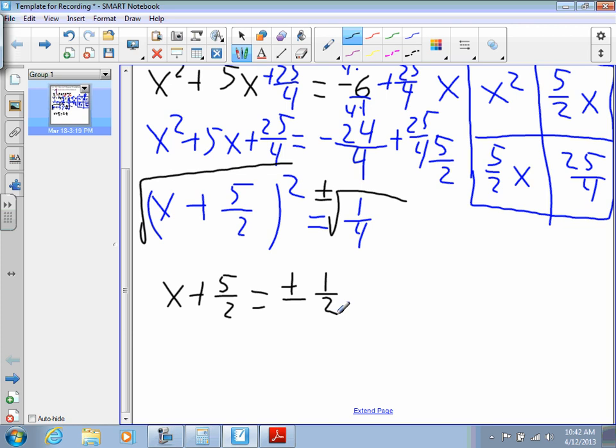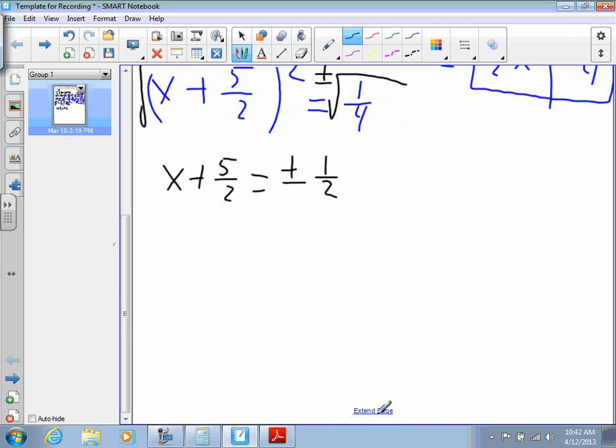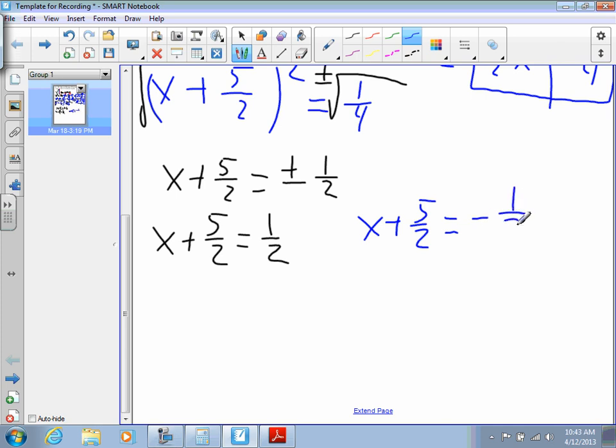Okay, now we get to break it apart into two separate equations. One of them is x plus 5 over 2 equals 1/2, and the other one, x plus 5 over 2 equals negative 1/2.